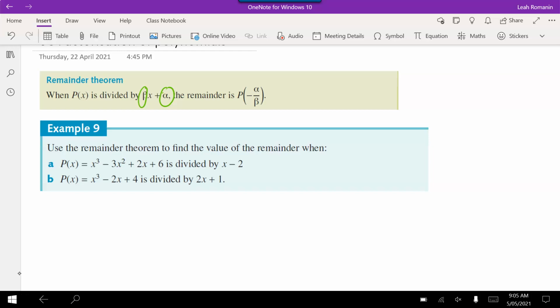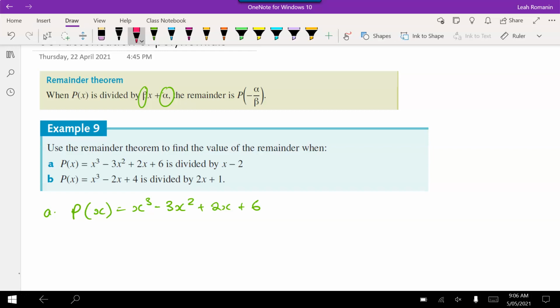Our first example, we need to use the remainder theorem to find the value of the remainder. Looking at our first polynomial, p of x is equal to x cubed minus 3x squared plus 2x plus 6. Now, we don't need to factorize it. All it's doing is asking for the remainder. So what I'm going to do first is identify my beta and my alpha.